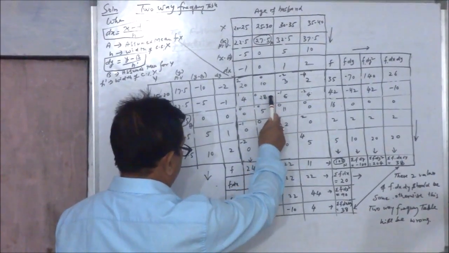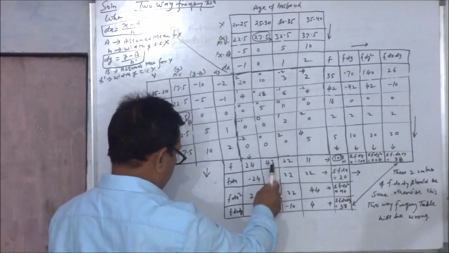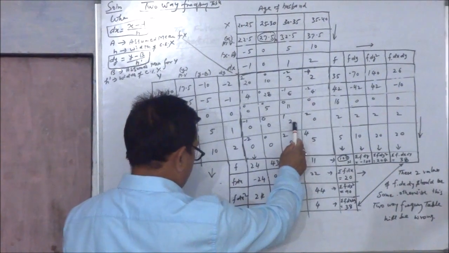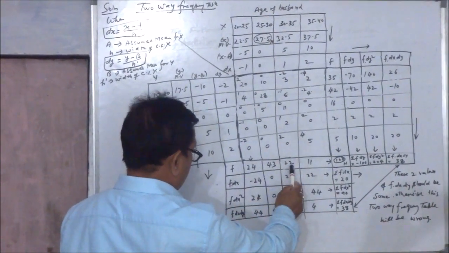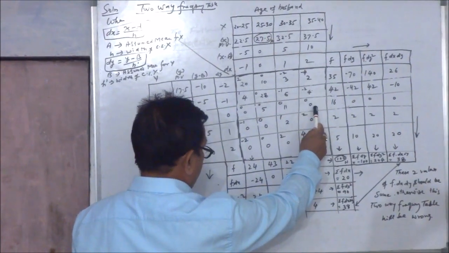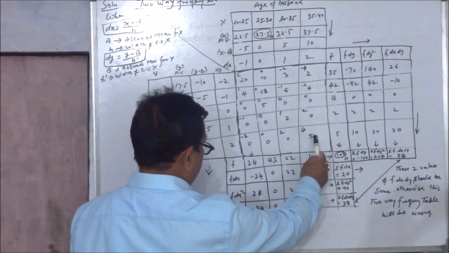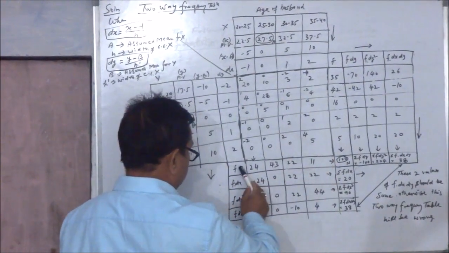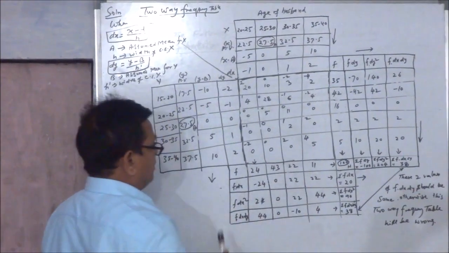Similarly, 10 plus 28 plus 0 plus 0 plus 5, this is 43. 3 plus 16 plus 11 plus 2 plus 0, this is 22. 2 plus 4 plus 0 plus 0 plus 5: 4 plus 2 is 6, plus 5, this is 11. This is the row for frequency.